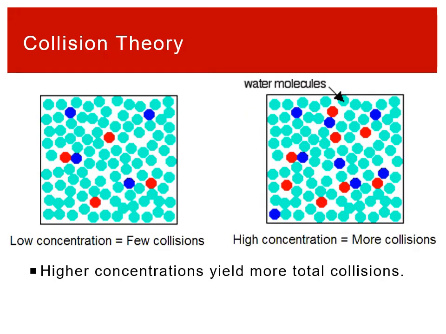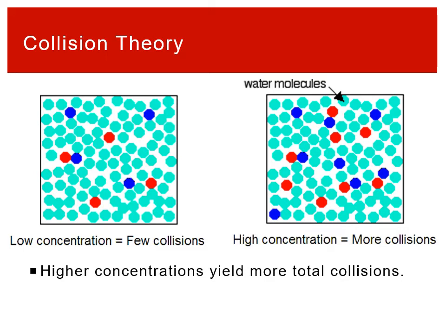So this baseline idea that we need to have collisions, we can use to explain a lot of things. First off, this is why higher concentrations yield more total collisions. It's not necessarily true that just having more of a reactant makes the reaction go faster, but specifically you need higher concentrations. So if you think about the image on the left, we have, say, the light blue as the water molecules, and then the red and the blue are your solute reactants.